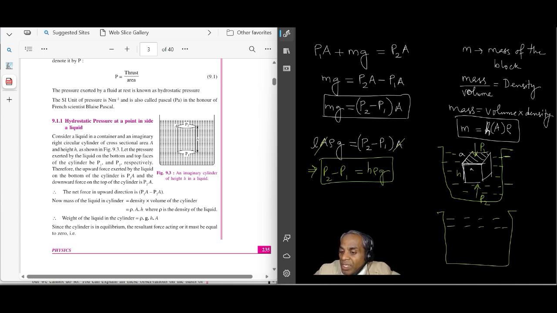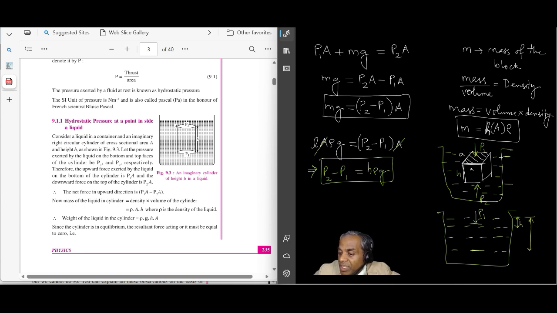Let us say we are talking about the top surface of the imaginary object to be here somewhere. So let us say the pressure exerted at this point, which is at a certain depth, is P1, and at the other point there is a pressure here, at another depth.